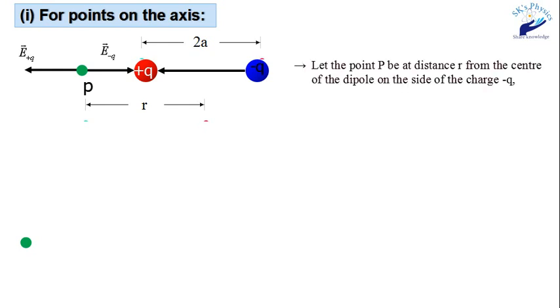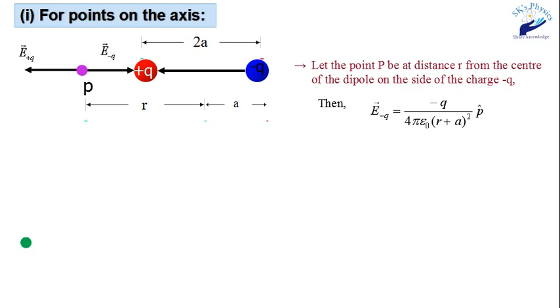Let the point P be at a distance r from the center of the dipole on the side of the charge. Now the electric field due to minus charge, E minus q, is equal to minus q upon 4 pi epsilon 0 (r plus a) square p cap. Here the distance is r plus a because the distance between negative charge and P is r plus a.